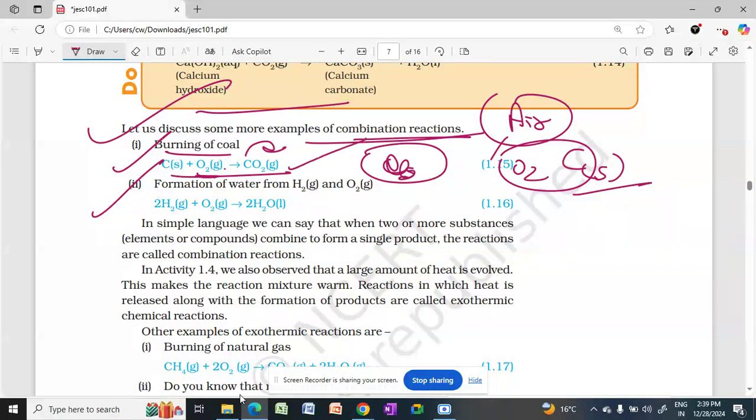Next, another example: formation of water from H2 and O2. Here my H2 and O2 are just combining with each other, and only water is formed.